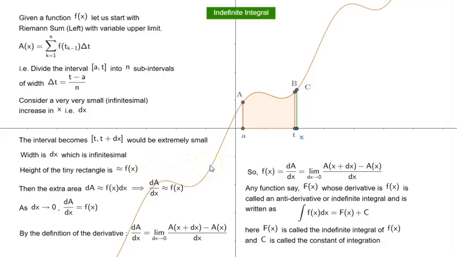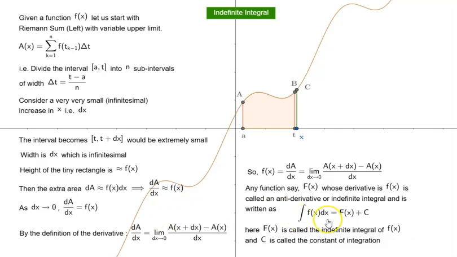Then it again starts decreasing, then increasing, decreasing, increasing, decreasing. The main concept is that the integral calculus and the differential calculus are related, where if you take the derivative of the integral, you get the original function.